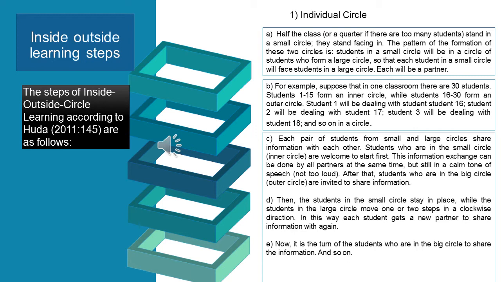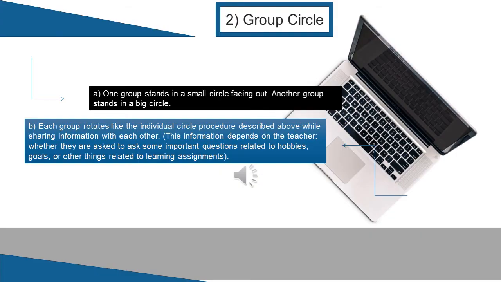Then the students in the small circle stay in place, while the students in the large circle move one or two steps in the clockwise direction. In this way, each student gets a new partner to share information with again. Now, it is the turn of the students in the big circle to share information, and so on.